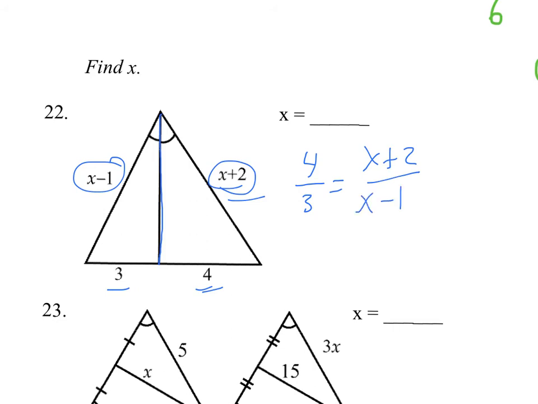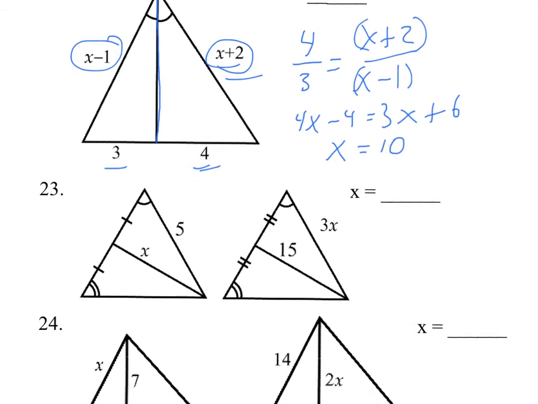Cross multiply, when I do that, I get 4x minus 4. I just distribute that 4 to x minus 1, equals 3 times x and 3 times 2. Subtract 3x, add 4, and we get x equals 10.